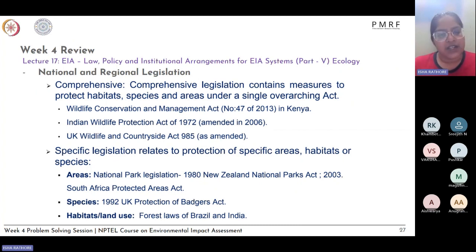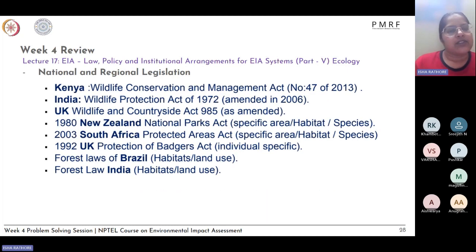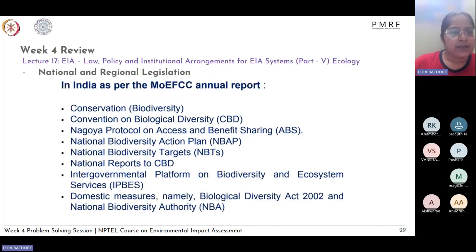For habitats or land use, we have the forest laws of Brazil and India. So for particular forest habitats, you have to follow these measures and guidelines. So that is one distinction. Then we have several other legislations and acts which were discussed in this module as well.